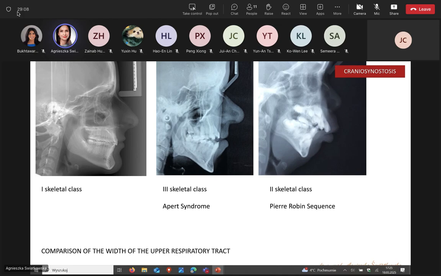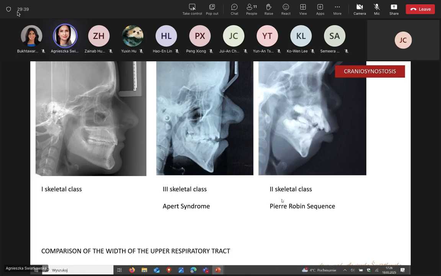Here I want to show you the comparison of the width of the upper respiratory tract in the different skeletal classes. So look, here we have first skeletal class, and the airway tract typical for this class. Here skeletal class 3, as you know, which is connected with underdevelopment of the upper jaw, a very narrow airway tract.